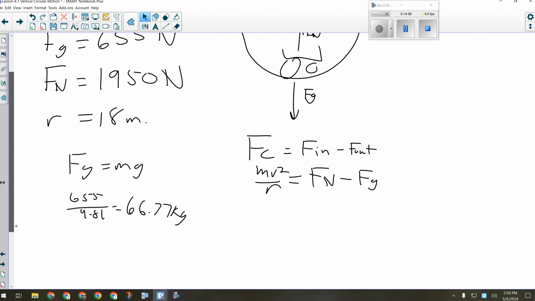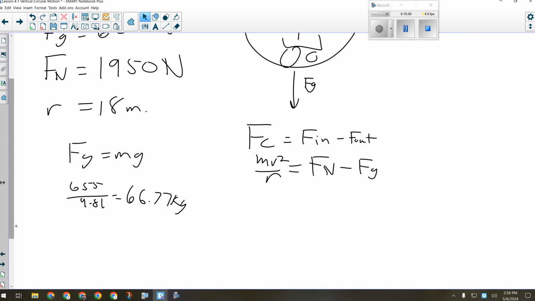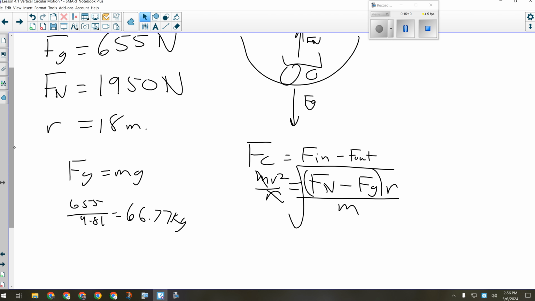I'm trying to find v, so I'm going to bracket this subtraction operation. I'm going to multiply both sides by r, then divide by m, because I spent some time getting that, and I should use it, and then square root. I don't actually have to put in m times g, because they told me what Fg and Fn were. That was convenient. It saves me a little bit of time.